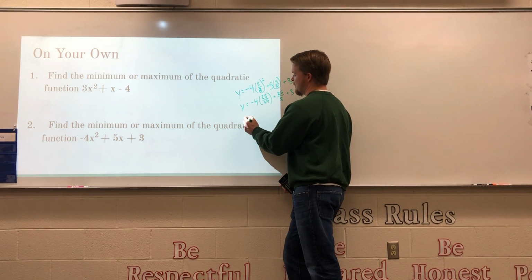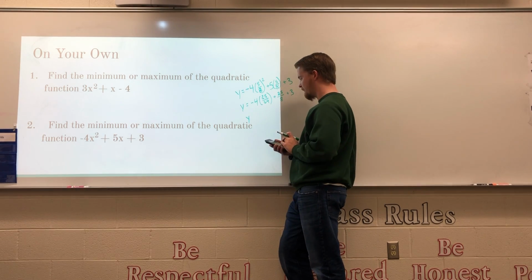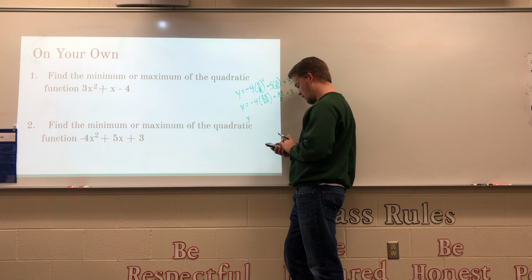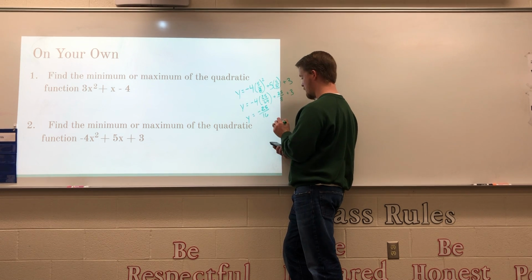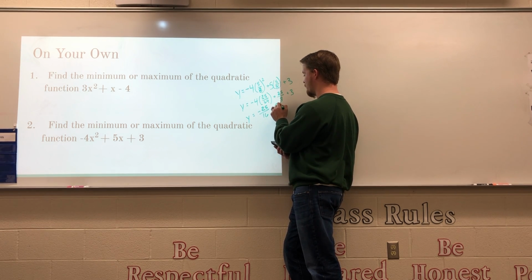We're going to multiply this out. Negative 4 times 25 over 64 will give you negative 25 over 16. Bring down my plus 25 over 8, plus 3.